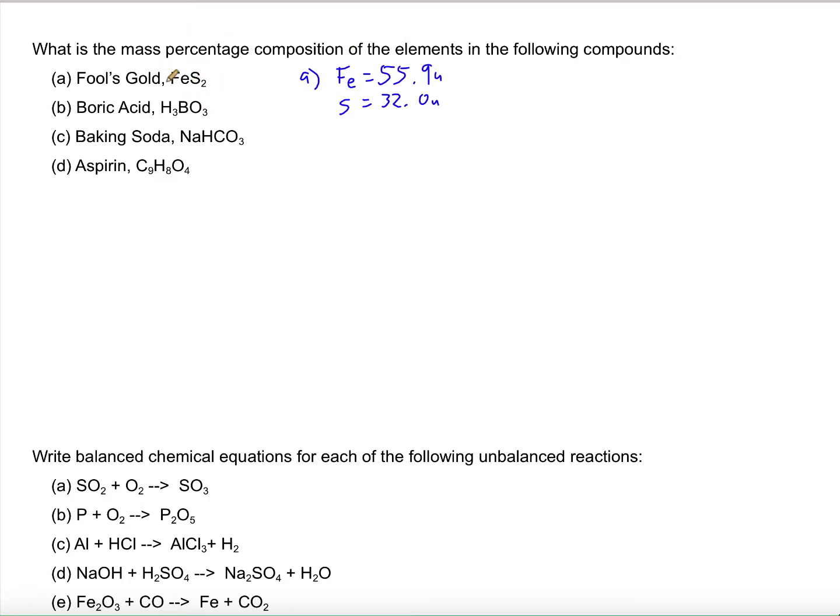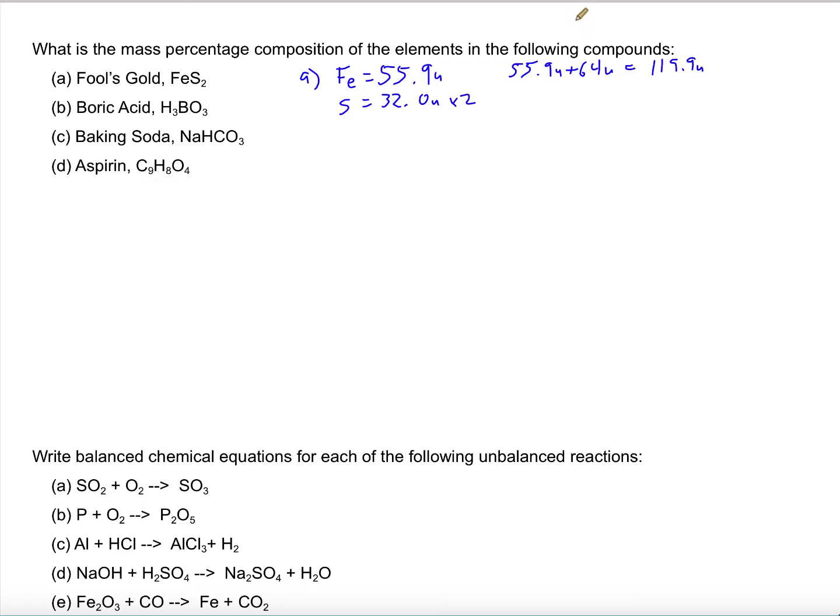So we've got to put them together, and we're going to add 55.9 plus 32, but there are 2 sulfurs in each, so this is going to be times 2. So the total weight is going to be 55.9 units plus 32 times 2, which is 64 units, which equals 119.9. So that is the total molecular weight of this compound.